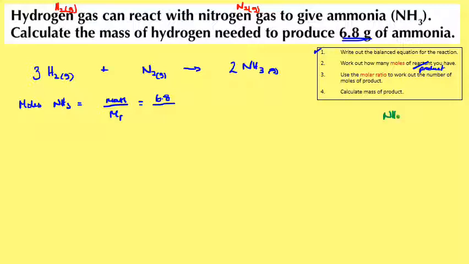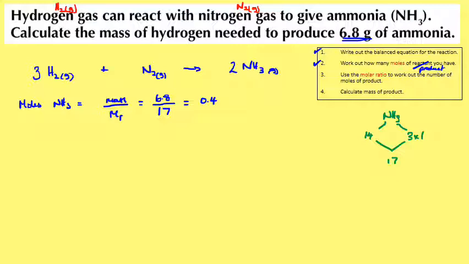So NH3, nitrogen is 14, hydrogen is 1 each. Add these two together, you get 17. Okay, so we're going to switch back to blue and then divide the 6.8 by the 17, and that's going to work out at 0.4 moles of ammonia. So now we have done step 2.